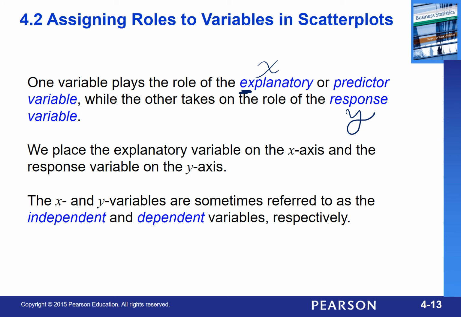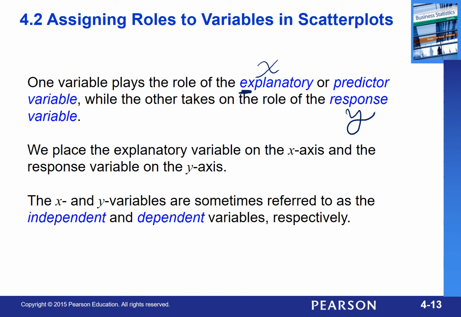Think explanatory is X and response is Y. So I'm looking to take my X and use it to predict what's going on with Y, or I want to use my X to explain the response I see in Y. And usually only one of these relationships makes sense, just like with the cyclists and the mean age of death.